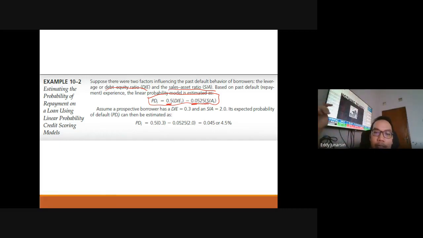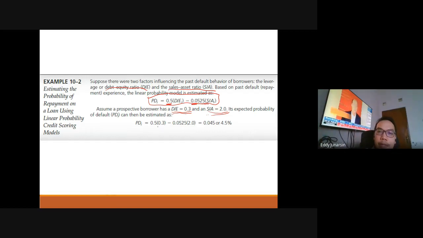So if we believe in this equation, then for example, tomorrow or the next time a potential borrower comes to you, and based on your analysis or your check, the debt to equity ratio of the company that comes to you is 0.3 and the sales to asset ratio is 2. So you just plug in the indicators that you could find on the potential borrower's data.